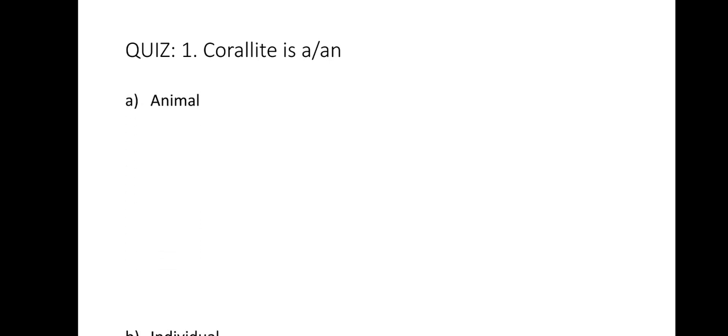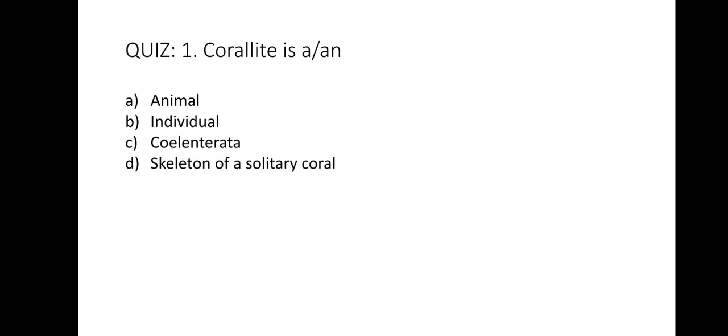Okay, that's all for today's class. Now let's see how much you can recall from today's session. First one, corallite is an individual coelenterata, skeleton of a solitary coral, or an animal. What's your answer? Yes, you are right. It is skeleton of a solitary coral.